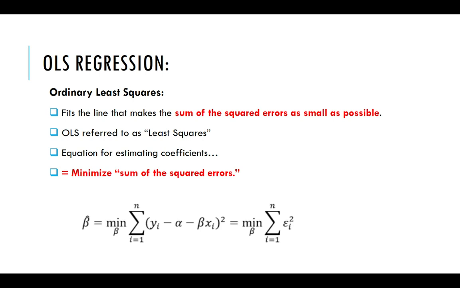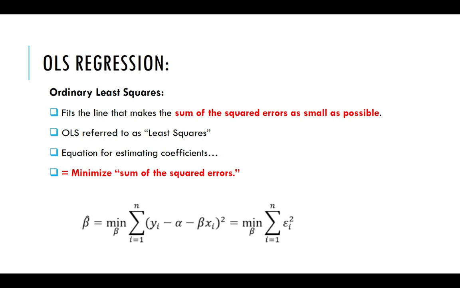We have beta hat on the left. We're estimating our beta. And so we're simply saying it's going to be whatever we need to do to minimize the sum of the middle term, which is just our y minus the right-hand side of the equation. All that is the error term. If we take y minus everything on the right-hand side, except for the error term, we're left with the error term. And then we're going to square it.